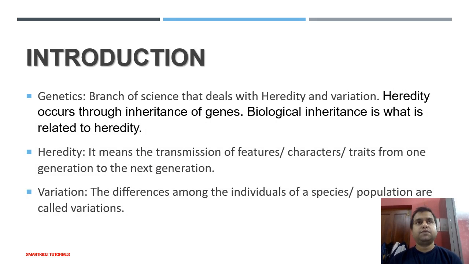Before we go on to learn about heredity and evolution, we need to know a few terms and what they mean. On your screen we have three different terms: genetics, heredity, and variation. Now, we are born with certain characteristics, certain features.